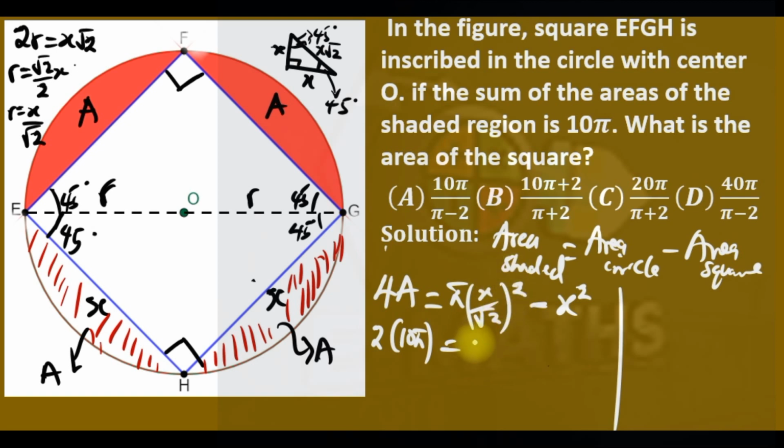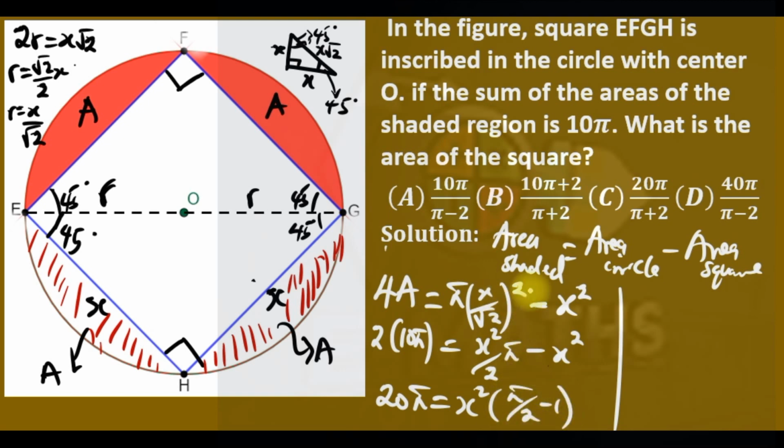So this is now pi x squared over 2 minus x squared. X squared over root 2 squared is 2, so we have 20 pi is equal to factor x squared, which is pi over 2 minus 1.